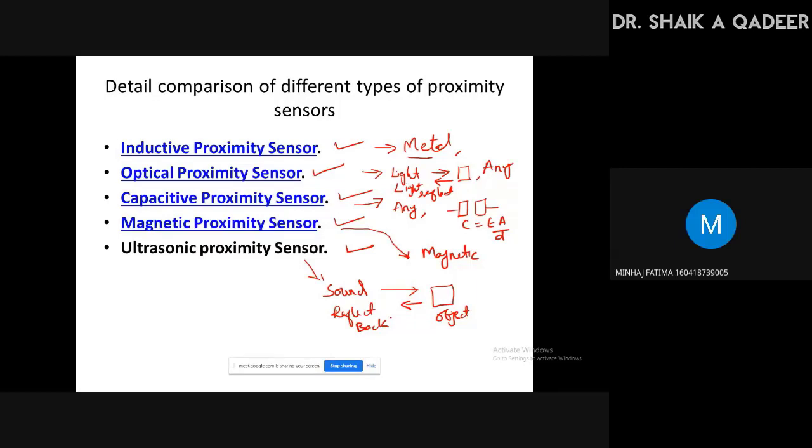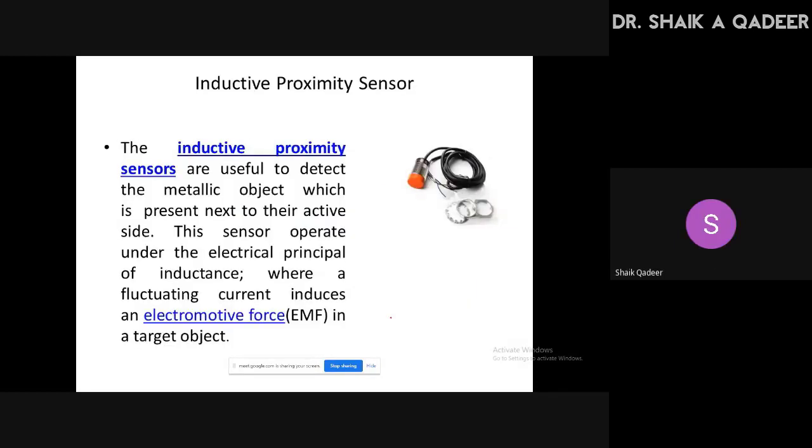Yes, sir. Inductive transducer, I am including one slide for all types of proximity sensors.